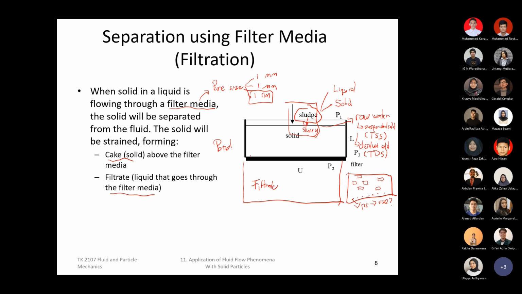So when the sludge comes, the water should be able to pass through the filtration media, the filter. But the bigger particles shouldn't be able to go through this filter. They will be accumulated at the upstream part of the filtration, because of the size discrepancies.